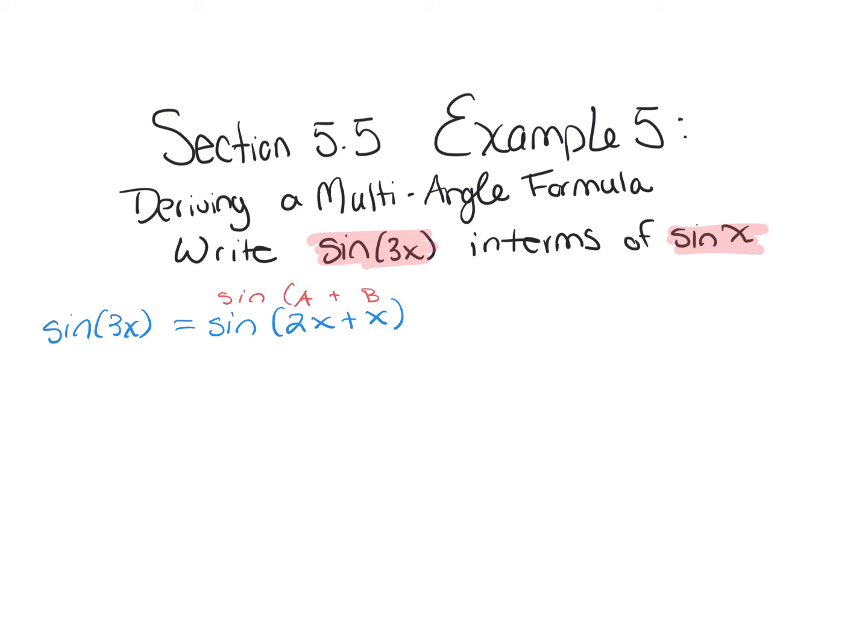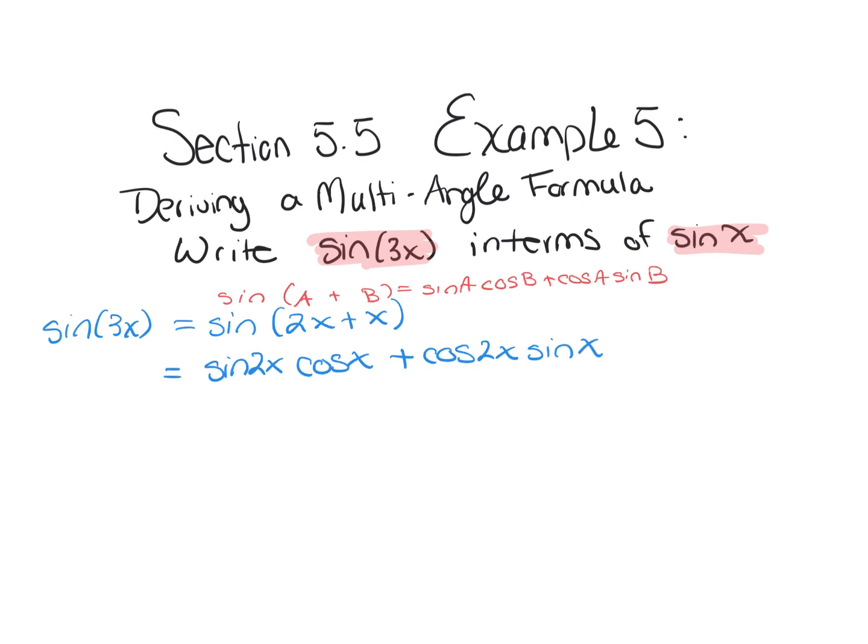Sine of a plus b is equal to sine a cosine b plus cosine a sine b. So I get sine of 2x cosine of x plus cosine of 2x sine of x.